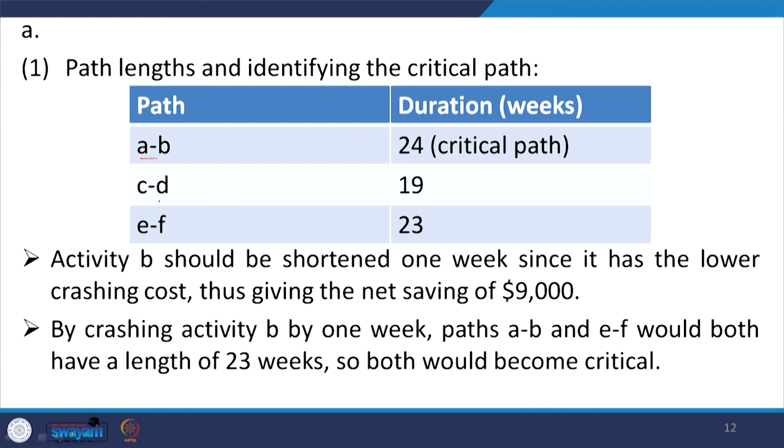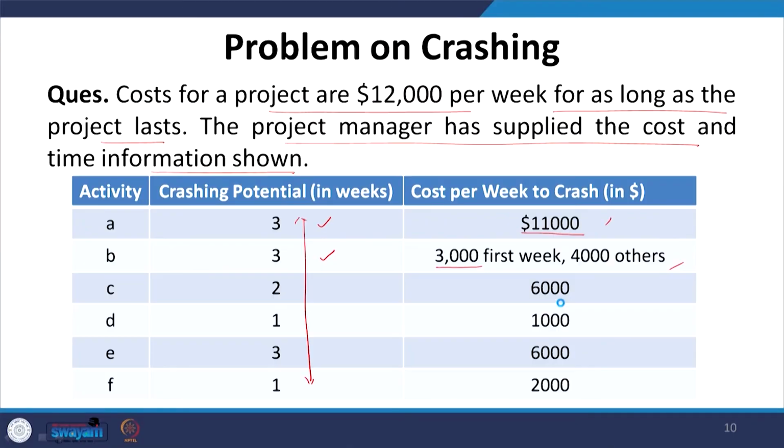So, A, B, B, C, D, E, F we have already calculated. Now, activity B should be shortened 1 week, since it has the lower crashing cost, thus it can give us the saving of $9,000. So, you have the crashing cost of 3,000 and if you reduce it by 1 week, because your per week cost of project is 12,000.